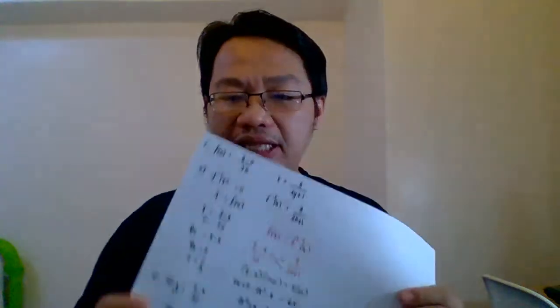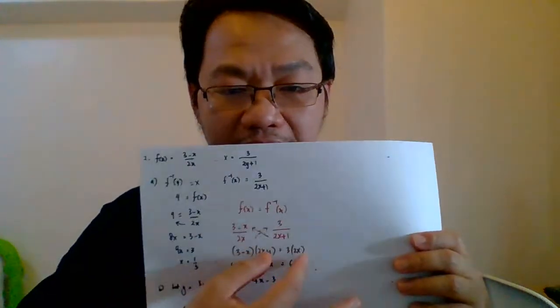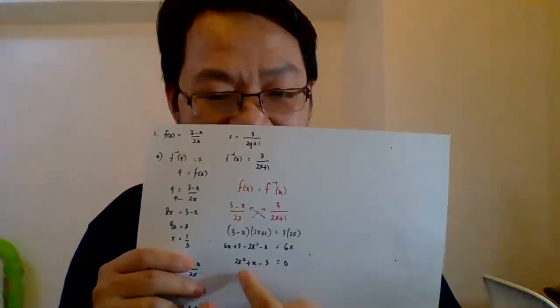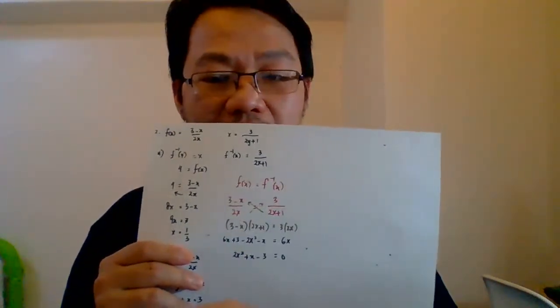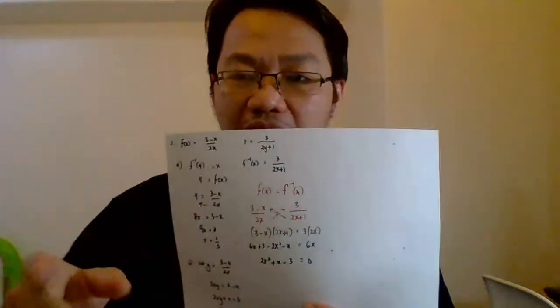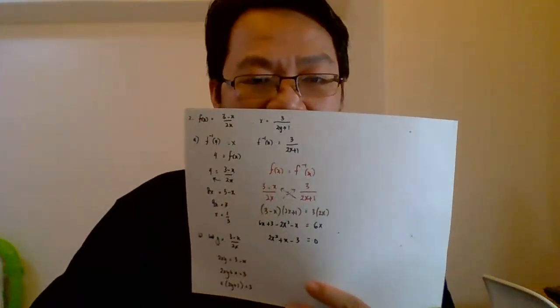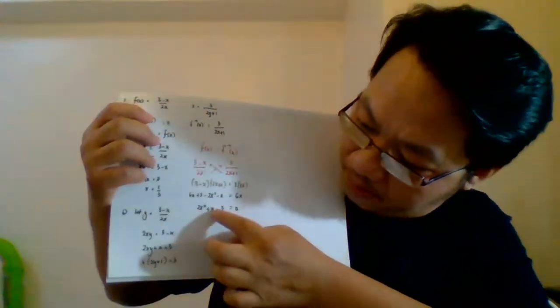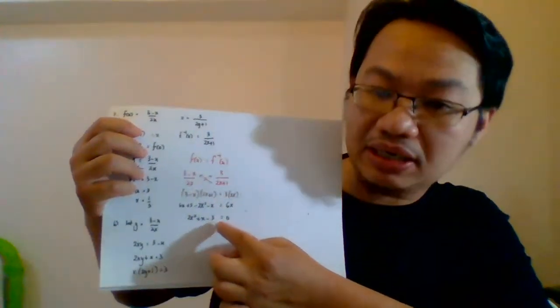After we expand everything, left and right, this is the equation that we're supposed to get. Guys, please check, and if my answer is wrong, please remind me on the live chat here. We are supposed to get 2x squared plus x minus 3 equals 0.